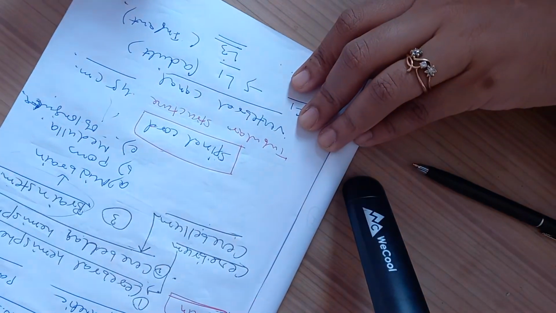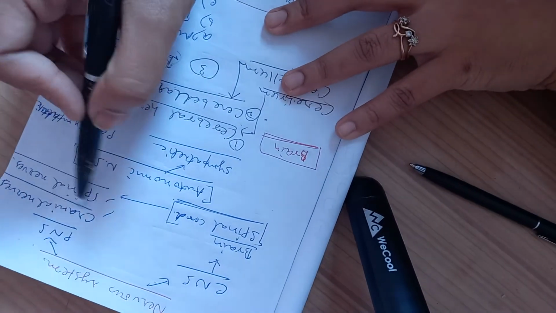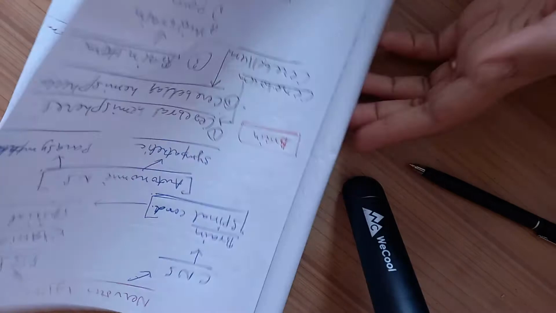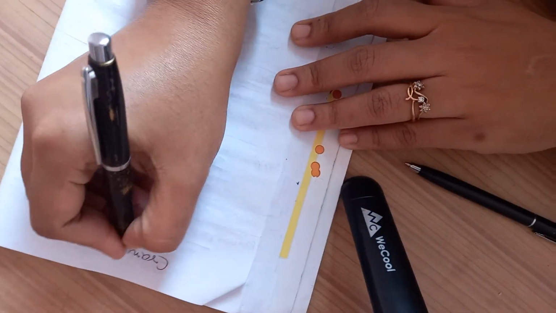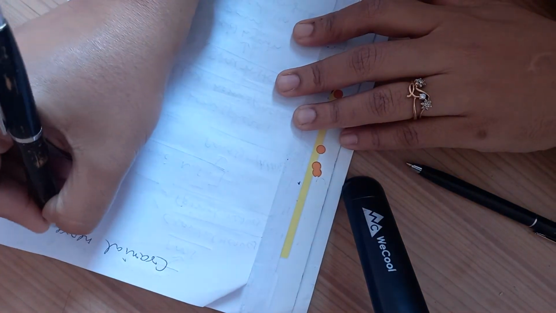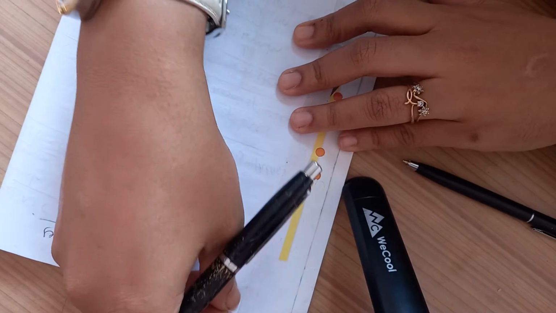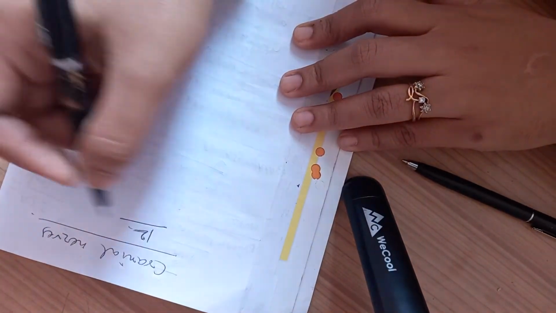Now what are the cranial nerves? We know, how many cranial nerves do we have? Cranial nerves, they are 12.